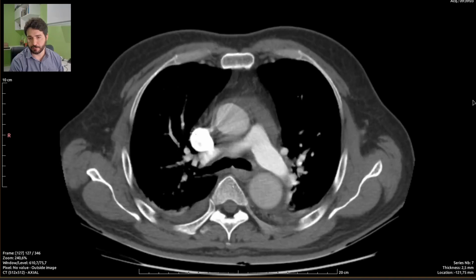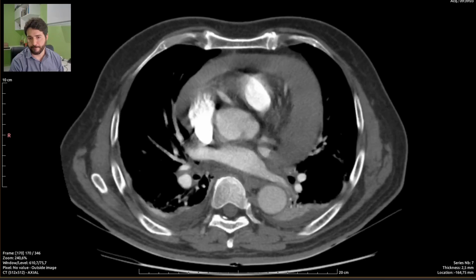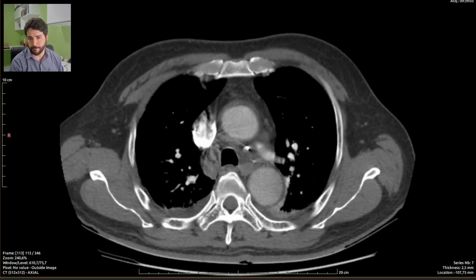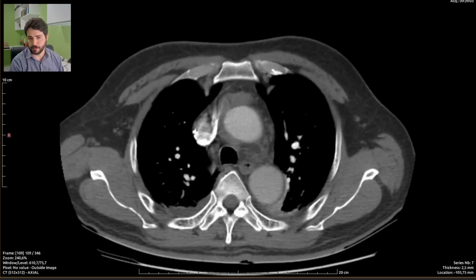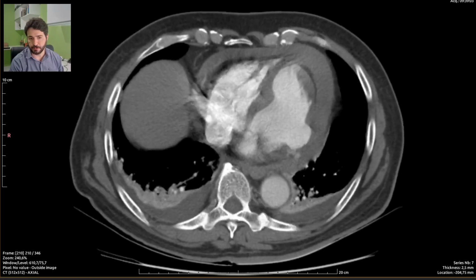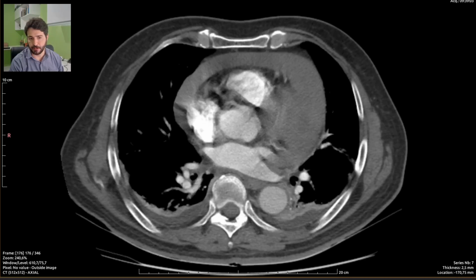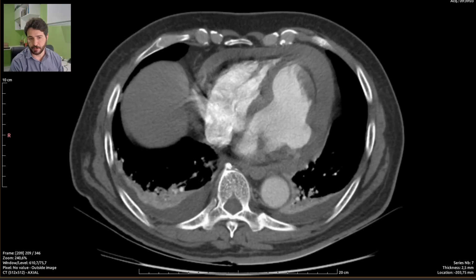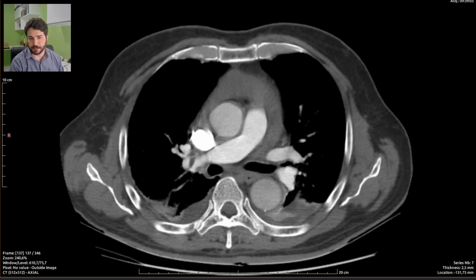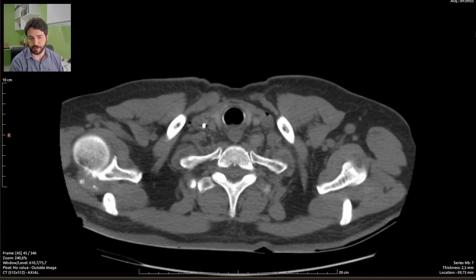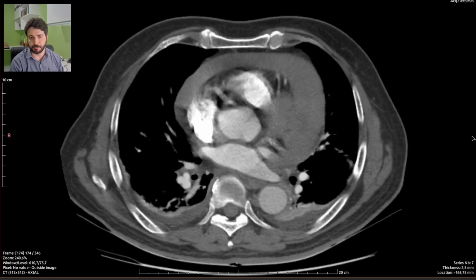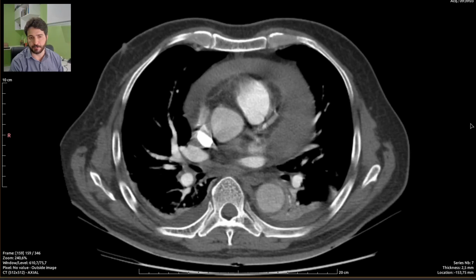some kind of filling defect. So if there are filling defects on the pulmonary circulation, of course, we can tell there is acute pulmonary thrombosis, which is a very, very serious disease, a very serious medical emergency.